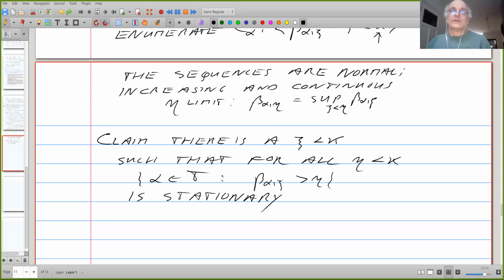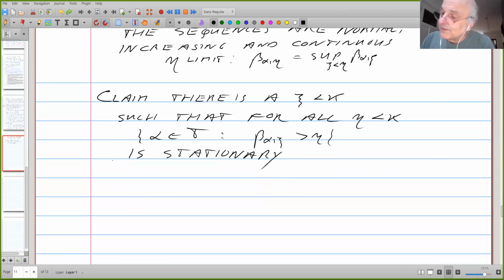So the alphas that we're talking about are always bigger than the xi. And of course, then the proof finishes as before.